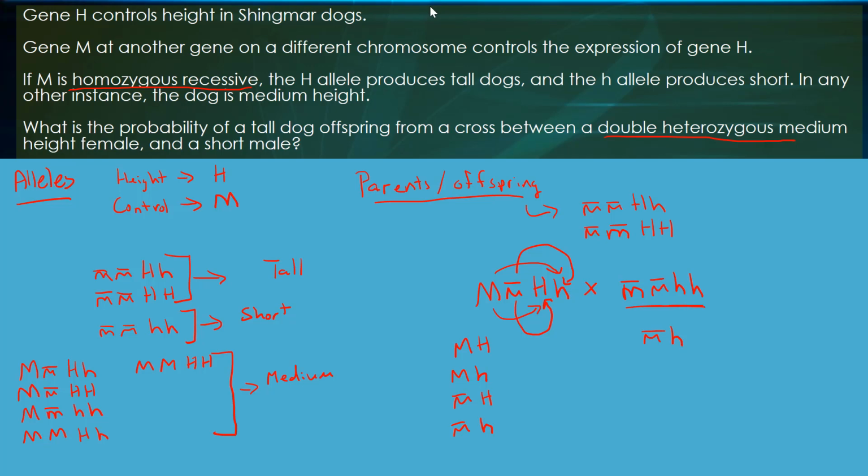All right, we'll look at our Punnett square next. All right, so yeah, let's finish this off here. Let's combine big M, little m, big H, little h, heterozygous. That's actually going to be a medium dog with a short dog. We've done our gametes on the other side. There's just one gamete here.